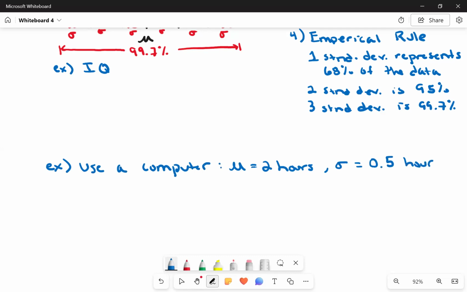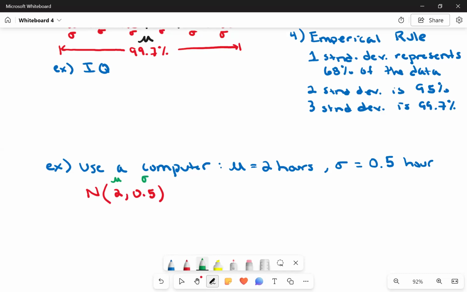I want to make a note really quick. The book likes to use this notation as a shortcut way of writing this. They would use N of 2, 0.5 to represent a normal distribution with a mean of 2 and a standard deviation of 0.5.